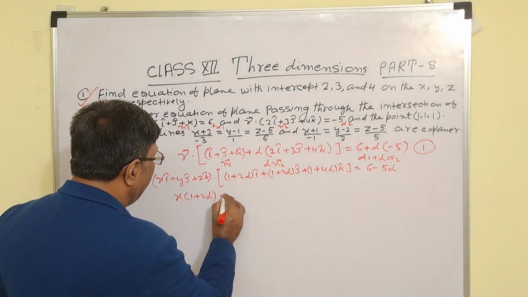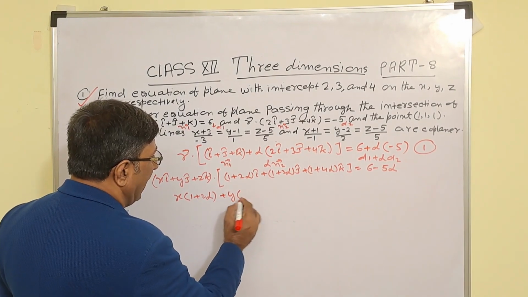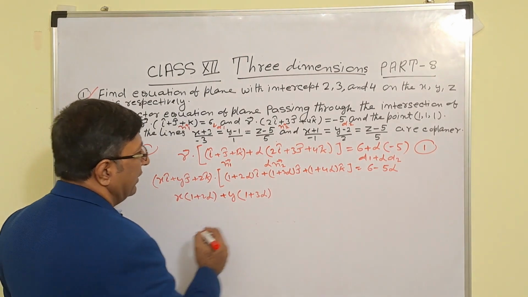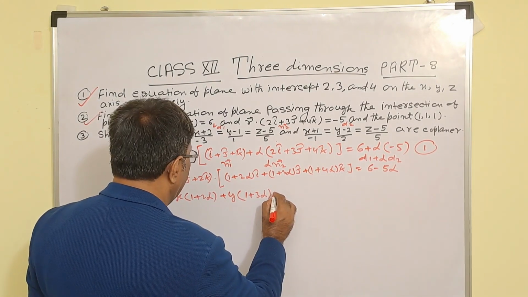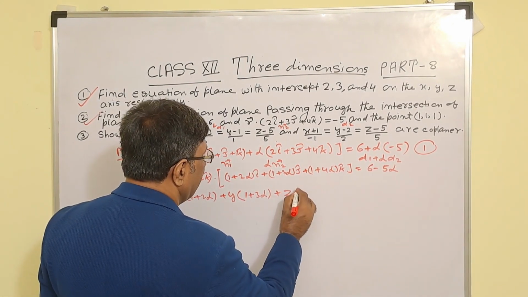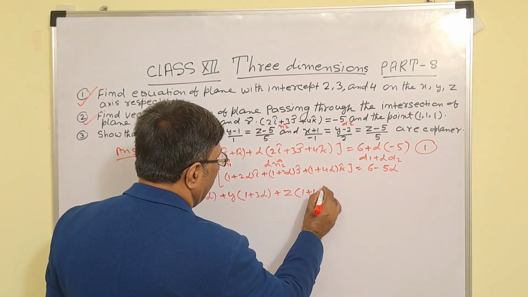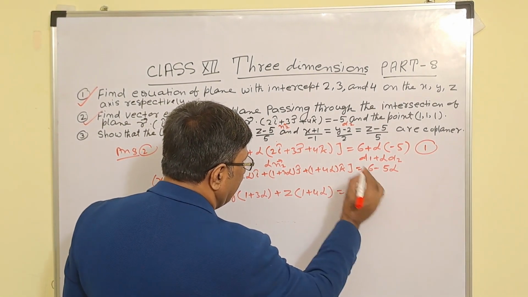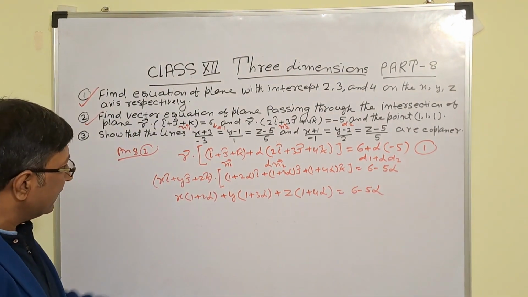In the same way, y into 1 plus 3 lambda. Again, z into 1 plus 4 lambda. And this is equal to 6 minus 5 lambda.